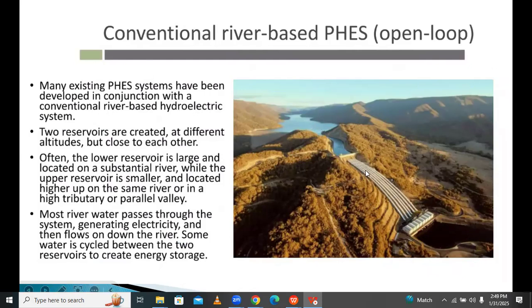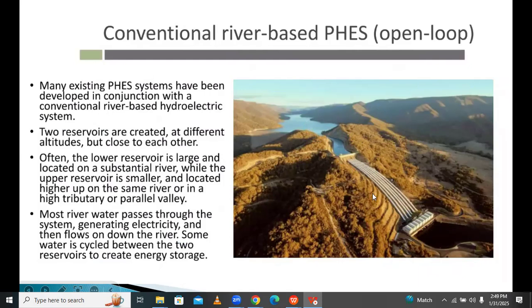Regarding open loop hydropower plants, most river water passes through the system, generates electricity, then flows on down the river. Some water is cycled between the two reservoirs to create energy storage.